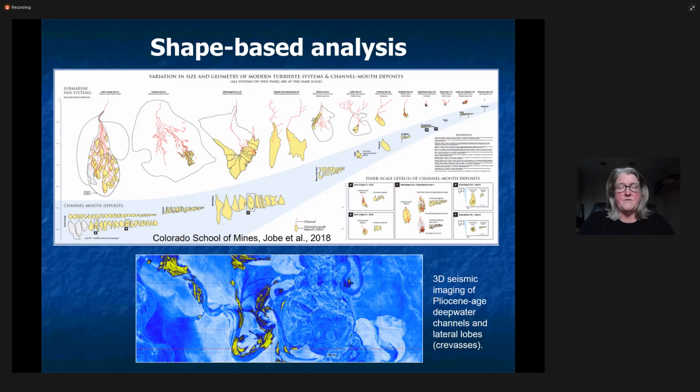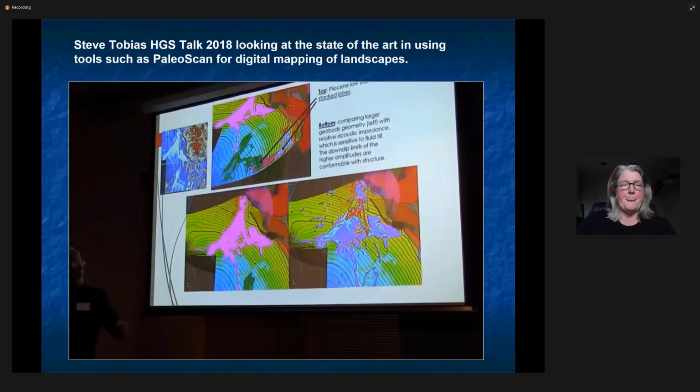And we believe that in collecting quantitative data on morphologies and different types of systems, we can create some principles or understanding of algorithms where we can predict what the nature of those deposits are. And we can better understand the relationship between topography and morphology. And so this is truly shape-based analysis.